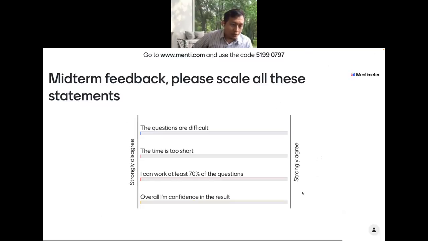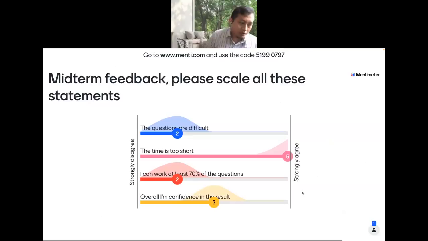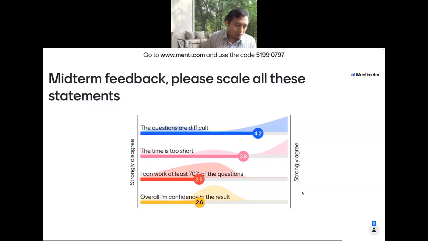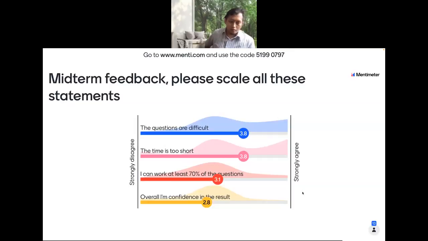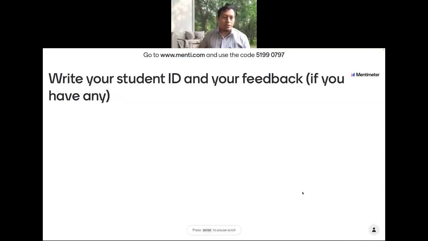What do you think about the questions, the time, how much you can work on the midterm, and are you confident you can get really good results?